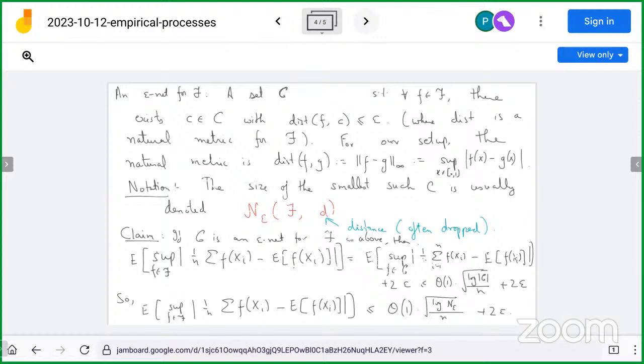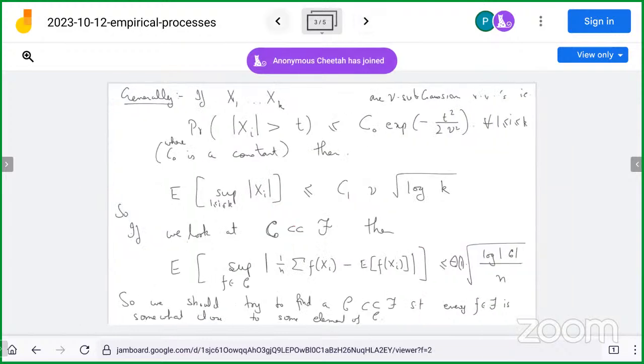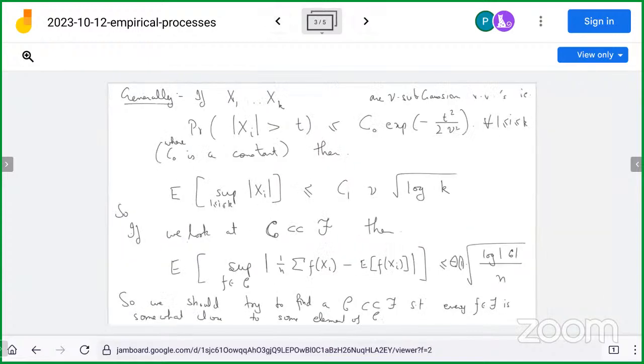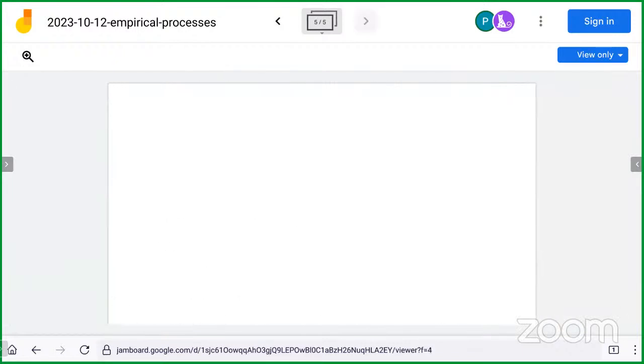How will you construct an epsilon net for this? So far we haven't used the properties of the function class. The function class is Lipschitz functions from 0 to the real numbers, one-Lipschitz, and f(0) equals 0. Piecewise linear, yes.